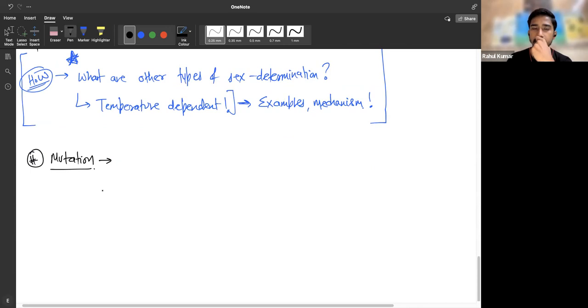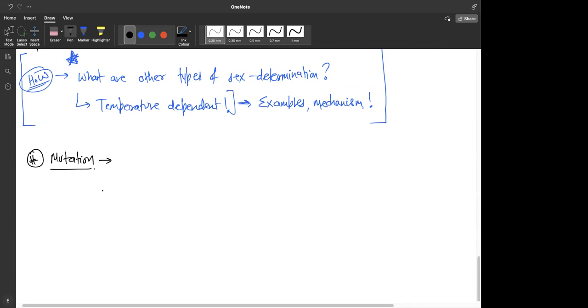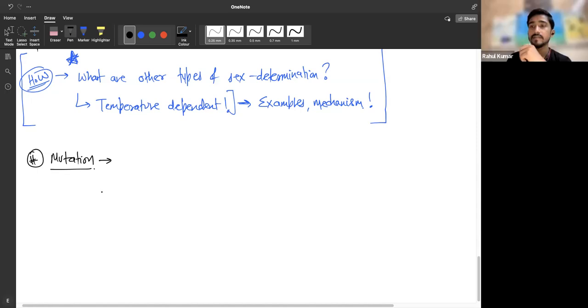Tell me, mutation, people. Change in the DNA sequence. Yes, it's a sudden and abrupt alteration in the DNA sequence. So write down.